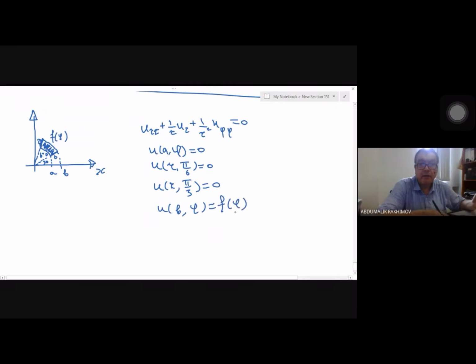This is the non-zero condition, and periodic: u(r, phi plus 2 pi) is equal u(r, phi).